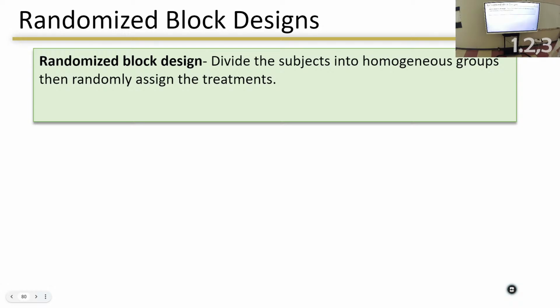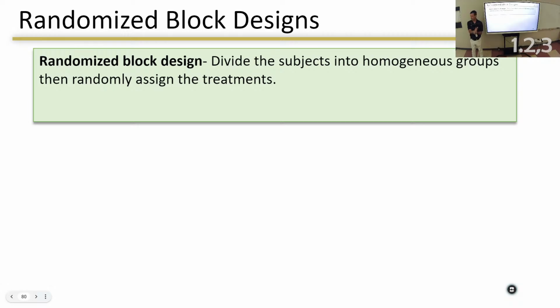And so a lot of people confuse this with stratify. Stratify by age, block by age. Block by age because I'm assigning it. I got these trees that are next to the water, and I got these trees that are not next to the water. If I do a completely randomized, all the ones next to the water could end up with a new fertilizer.